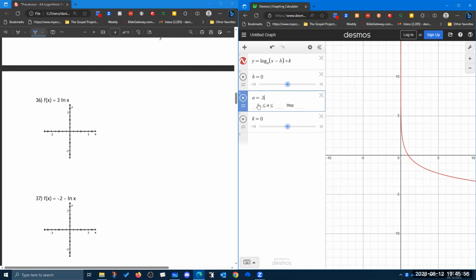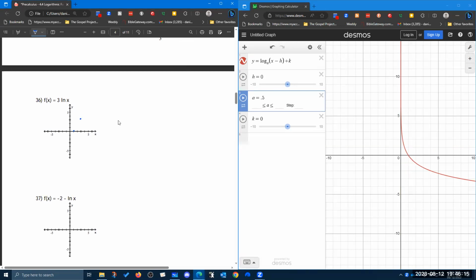Now if I have 3 ln of x, this will be ln of x, and the y value is going to be multiplied by 3. I'm still going to have 1, 0, but at e, which is 2.7 something or other, instead of 1, I'm going to have 3.